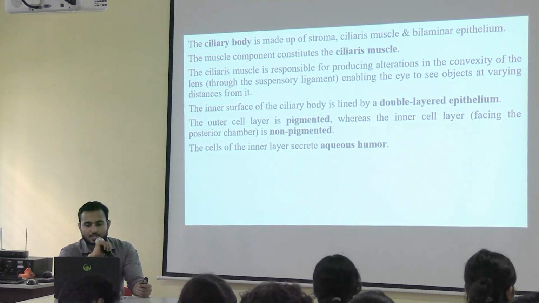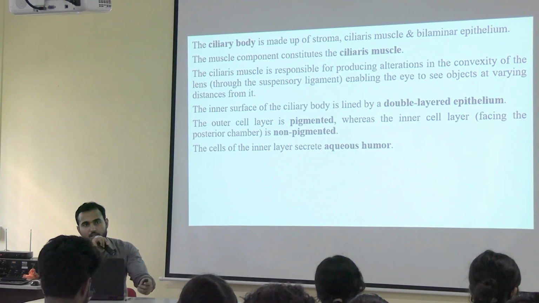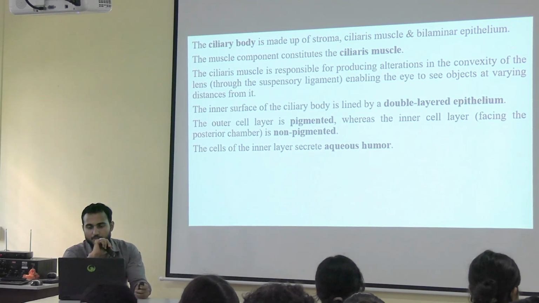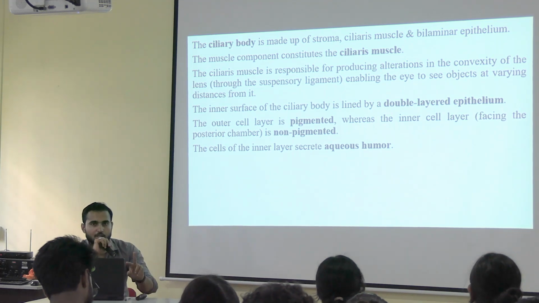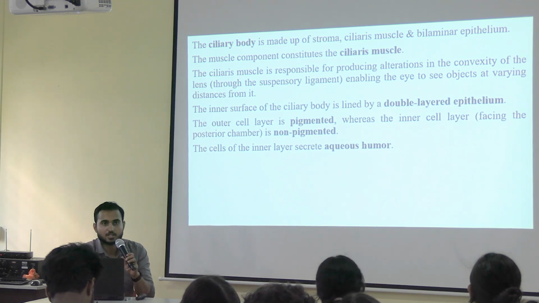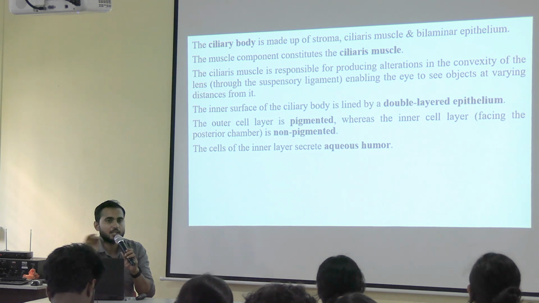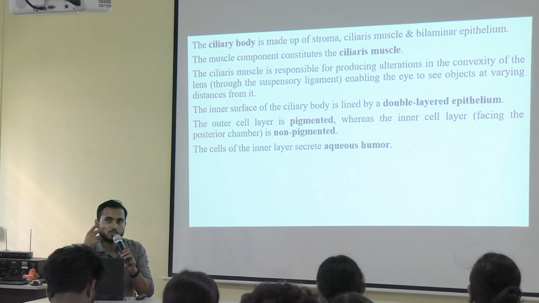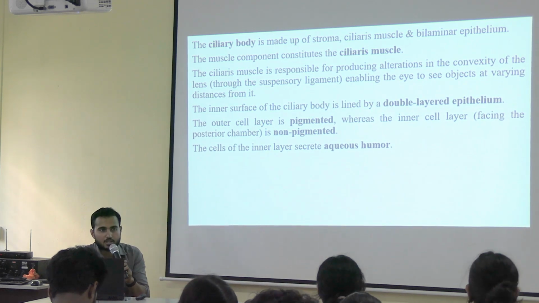Next, the inner surface of the ciliary body is lined by a double layer epithelium. Double layer means two layers of cells will be there. Here double layer doesn't mean stratified. You have to understand one thing. Two layers of cells are there, and mostly those cells are either columnar or cuboidal in nature.